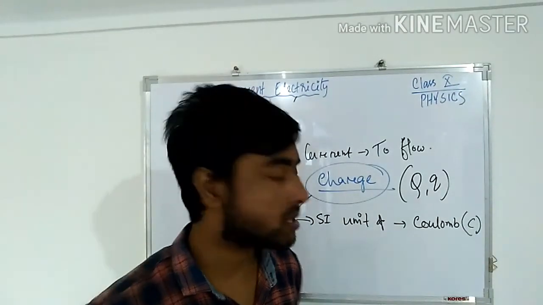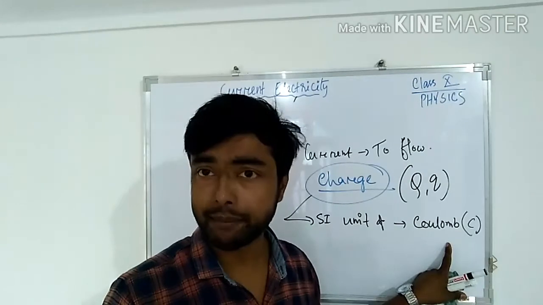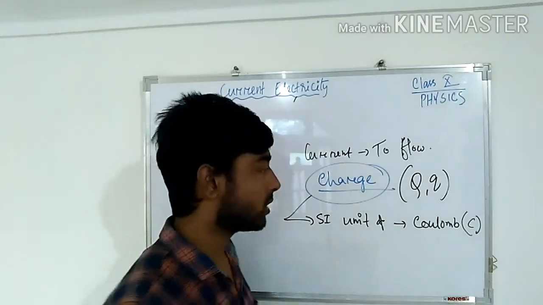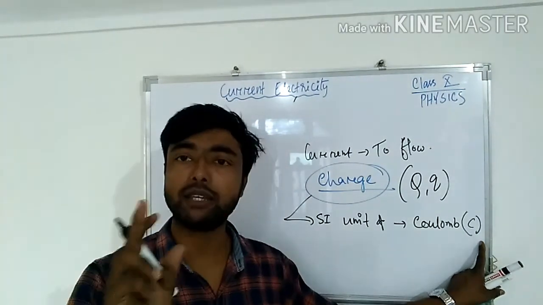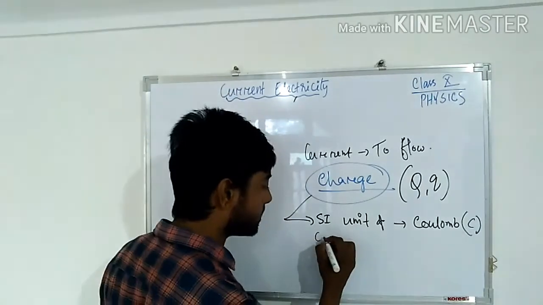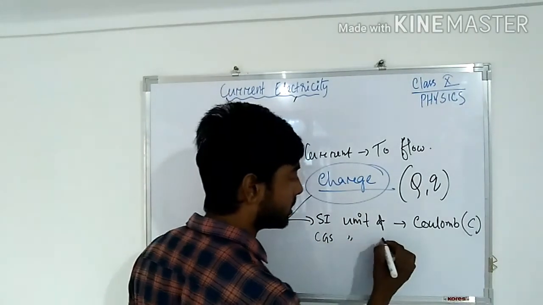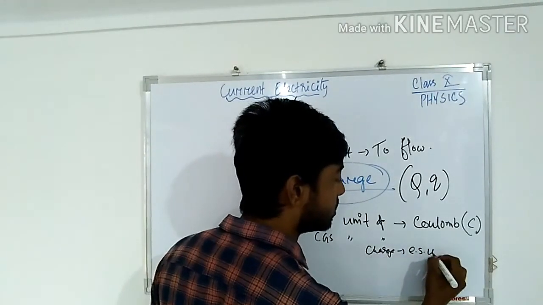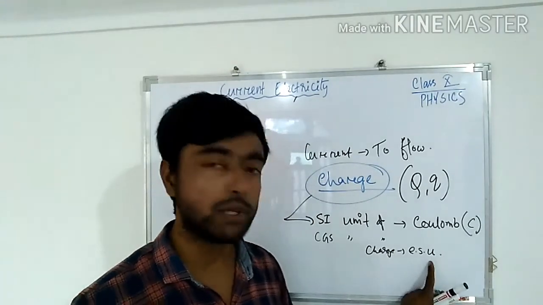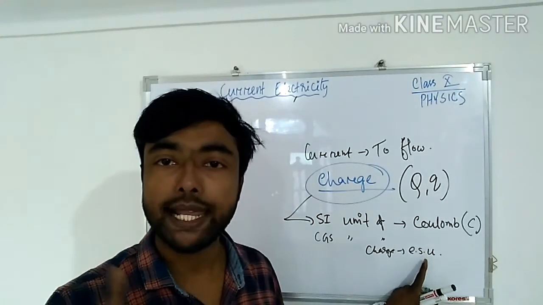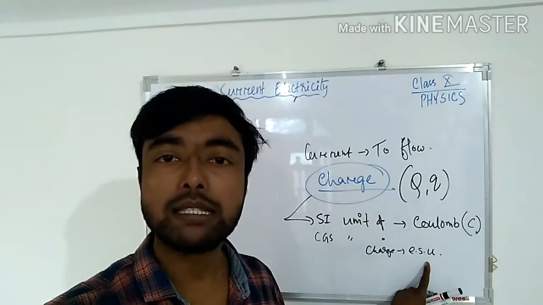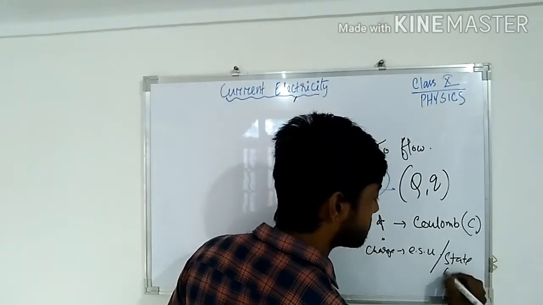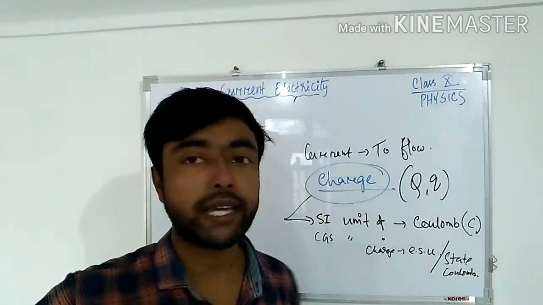Coulomb was a scientist. He found out the electric force between two charges, and from there the unit Coulomb comes. So Coulomb is the SI unit of charge. The CGS unit of charge is also there, called ESU, electrostatic unit, or it is also called statcoulomb.